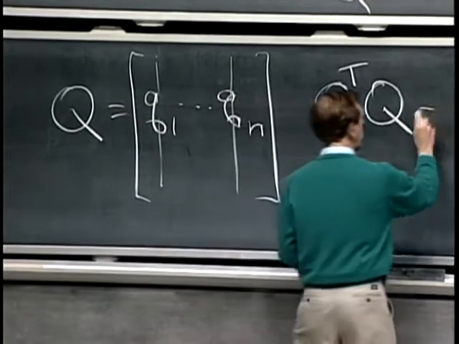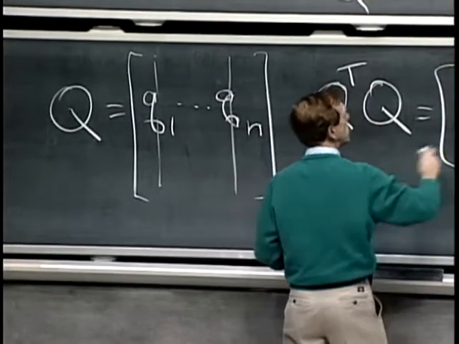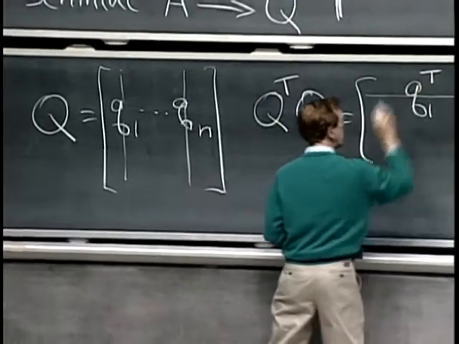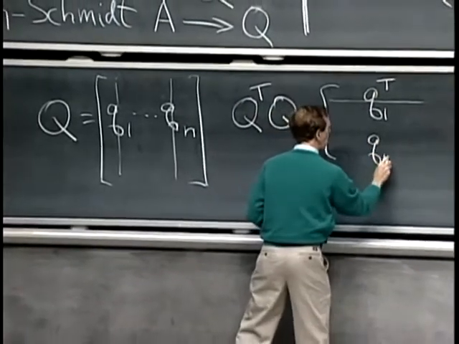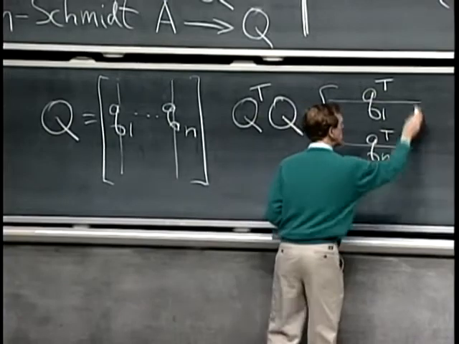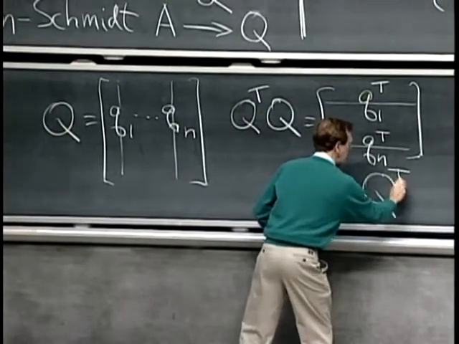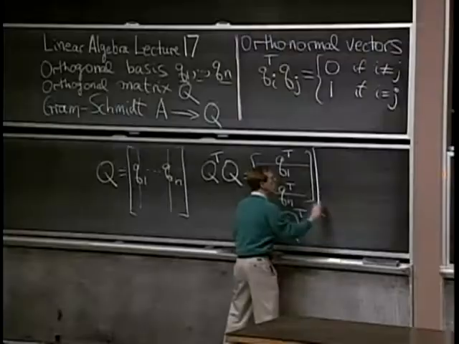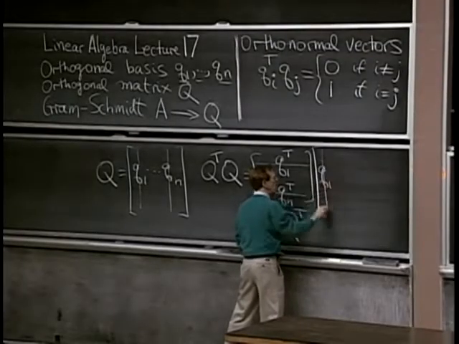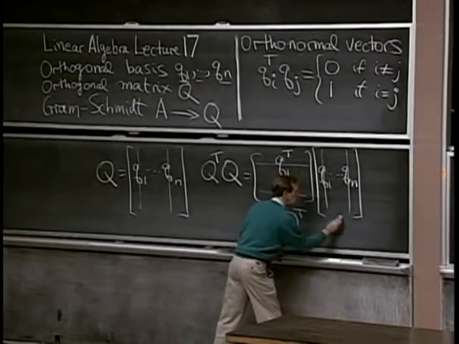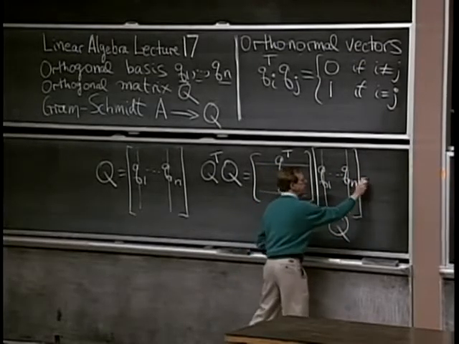Because Q transpose has these vectors in its rows. The first row is Q1 transpose. The nth row is Qn transpose. So that's Q transpose. And now I want to multiply by Q. That has Q1 along to Qn in the columns. That's Q. And what do I get?